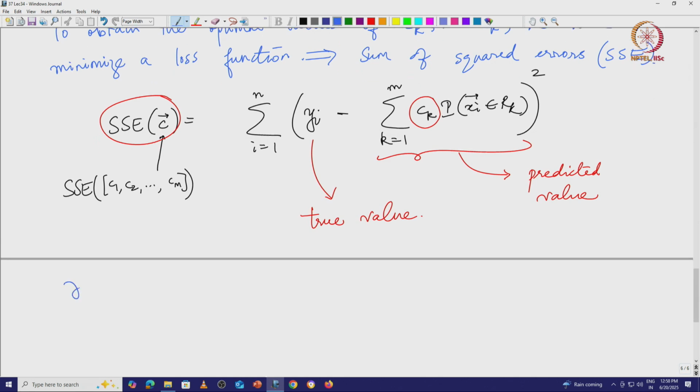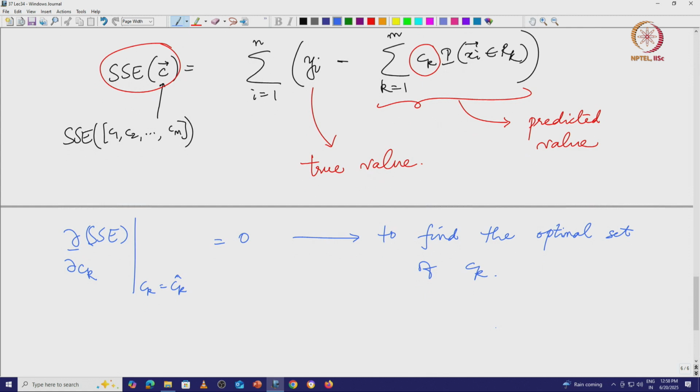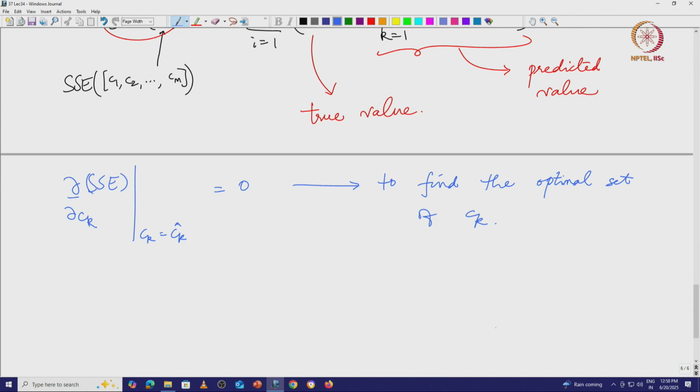So, you have to differentiate the loss function with respect to the parameter Ck, and at Ck equals Ck hat, the optimal parameters, this should be 0, right, to find the optimal parameters. Okay, so let us differentiate this sum of squared errors.